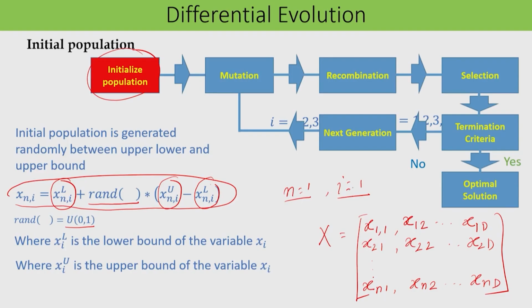So, n equal to 1, i equal to 1 means I am generating this particular value. Then similarly, n equal to 1, i equal to 2, I will generate this one. Like that I will generate all these values randomly. Once I generate them for all n, I will get the total population. As I said, x_i^L is the lower bound of the variable x_i, and similarly x_i^U is the upper bound of the variable x_i.